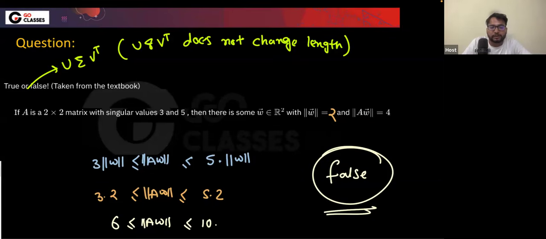So you can say something like this, that let's suppose this A has sigma 1, sigma 2, sigma m like this, or sigma r singular values, where sigma 1 is greater than or equal to sigma 2 greater than or equal to sigma like this, right?